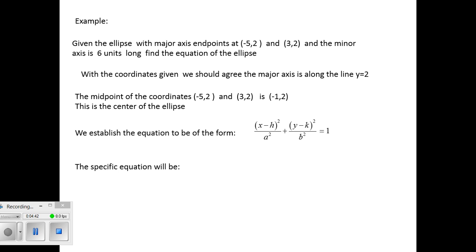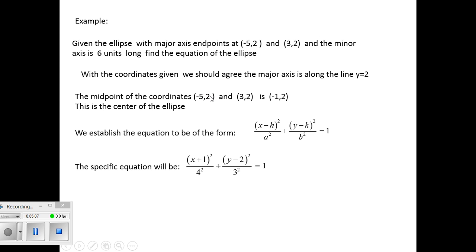From what's given, with the coordinates given, we should agree that the major axis is along the line y equals 2, because you can see the y values are 2, okay?